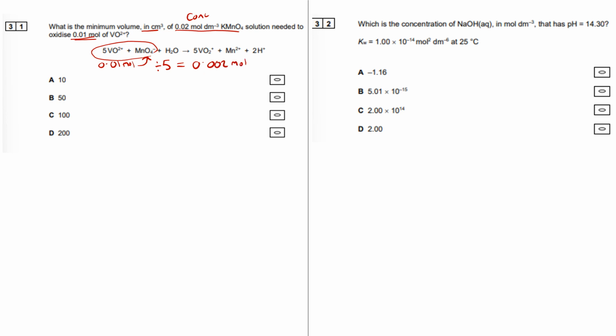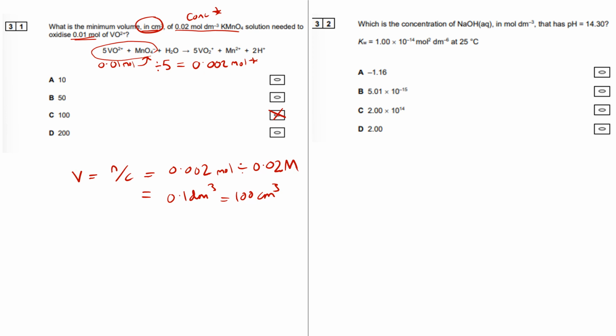We've got the concentration of potassium manganate, we've now got the moles of potassium manganate. We're being asked to calculate the volume. So volume is moles divided by concentration. So 0.002 moles we've just worked out, divided by the concentration that's given to you, will give you an answer of 0.1 decimetres cubed. The question says what's the volume in centimetres cubed, so 0.1 decimetres cubed is 100 centimetres cubed.